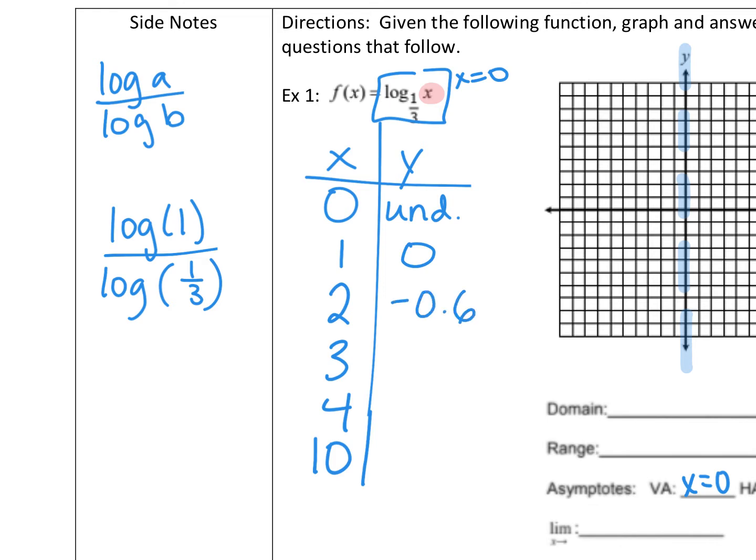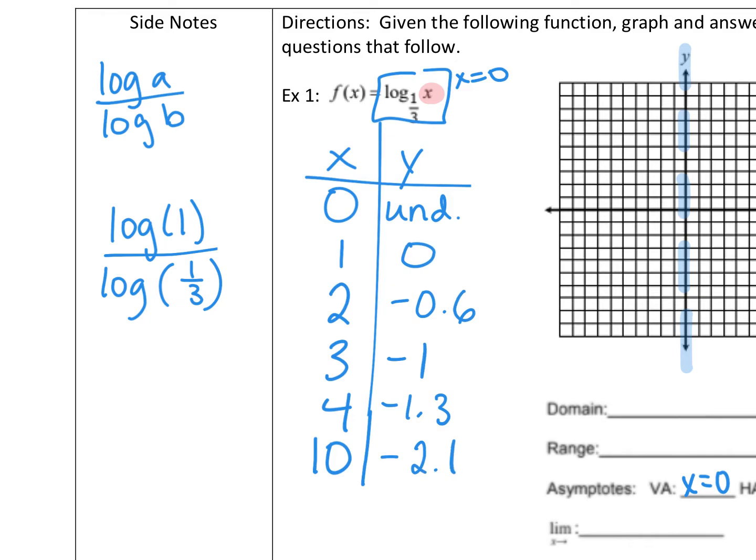Negative 0.6. Okay. 3. Negative 1. 4. Negative 1.3. And 10. Negative 2.1.